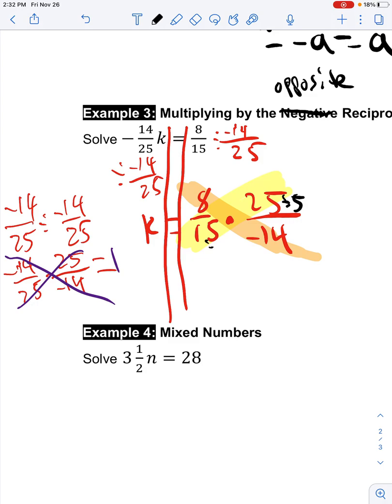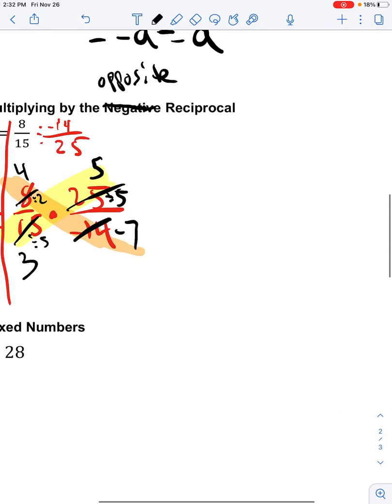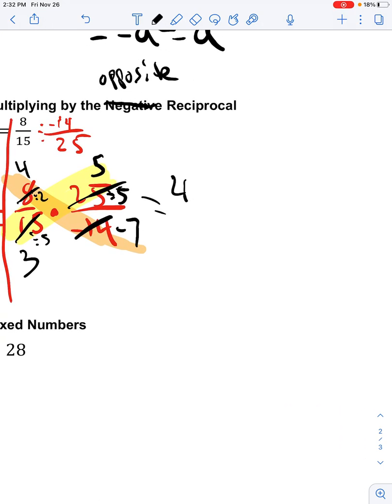What do 15 and 25 have in common? They have a 5. If I do 25 divided by 5, I get 5. 15 divided by 5 is 3. And I know that 8 and negative 14 have a factor of 2. So I'm going to divide by 2 and get 4. I'm going to divide by 2 and get negative 7.